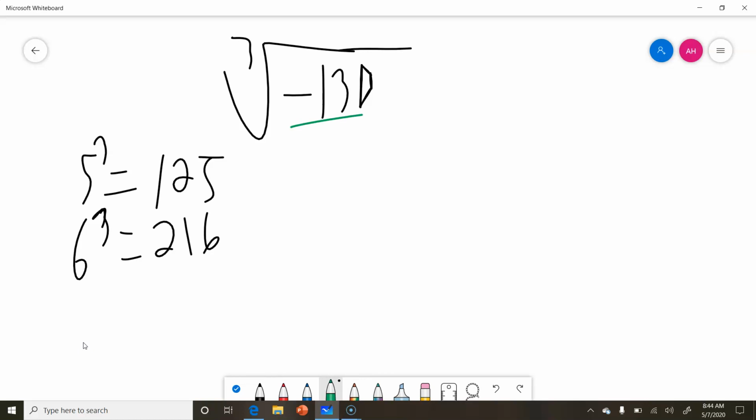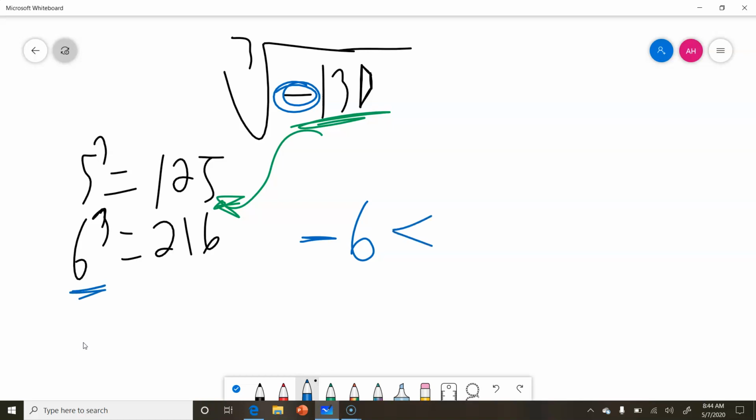So clearly, this is falling between those. But again, look at this. It is negative, so my answer is going to be negative 6 is less than the cubed root of negative 130, which is less than negative 5.